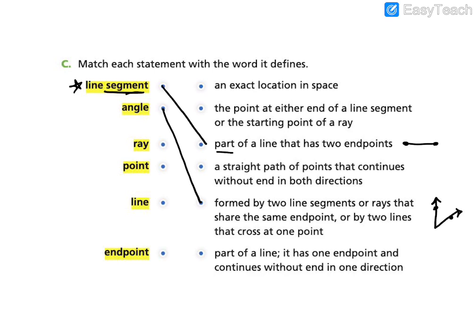Okay, so now let's define a ray. We already saw a picture of a ray. It's another example of a part of a line, but this time it has 1 endpoint and continues without an end in one direction.